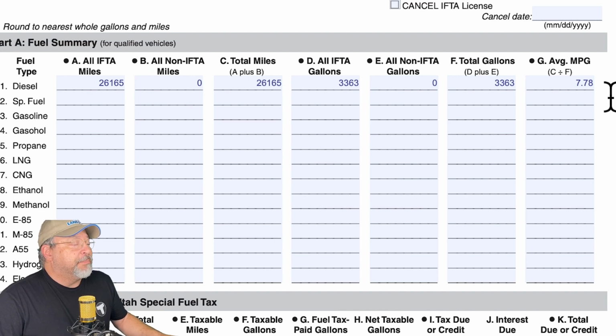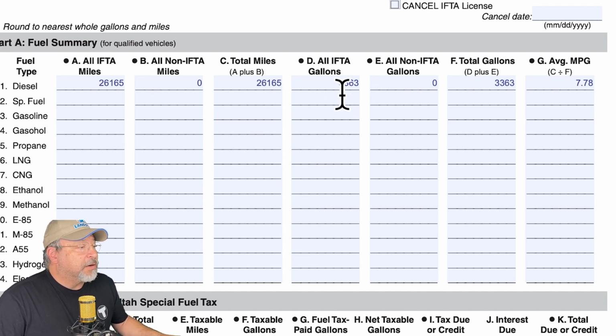Basically all you do is you take your total miles and then you take all of your IFTA gallons, all right? And you divide, it just tells you easy right here, C divided by F. C divided by F gives you 7.78 average miles per gallon, all right?